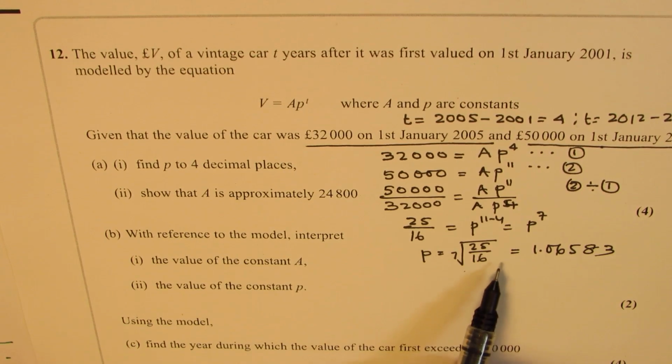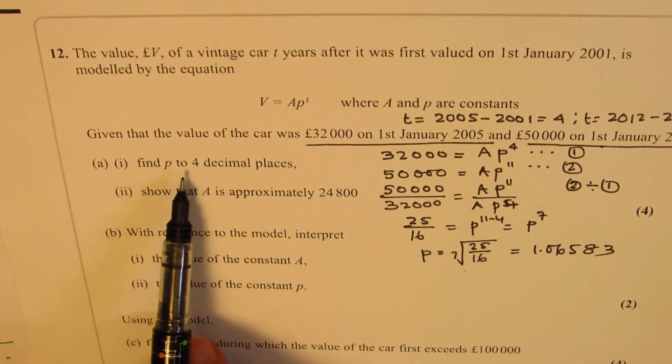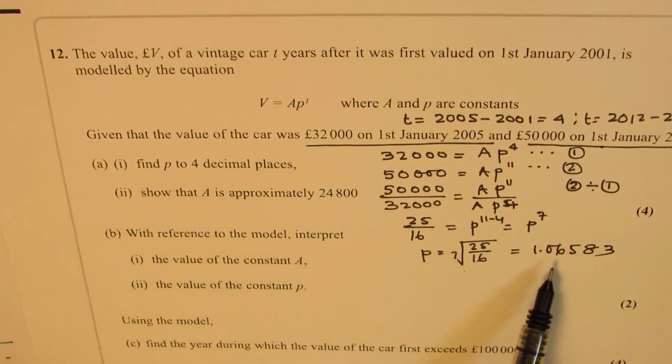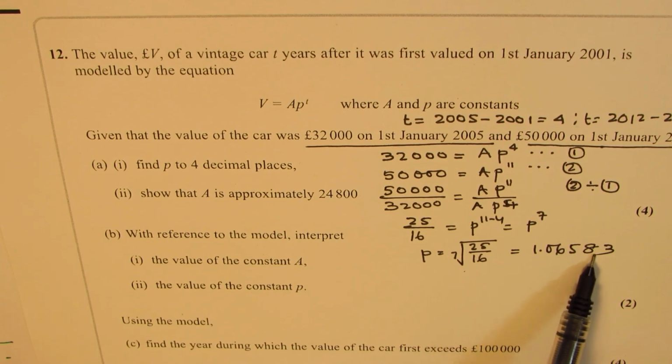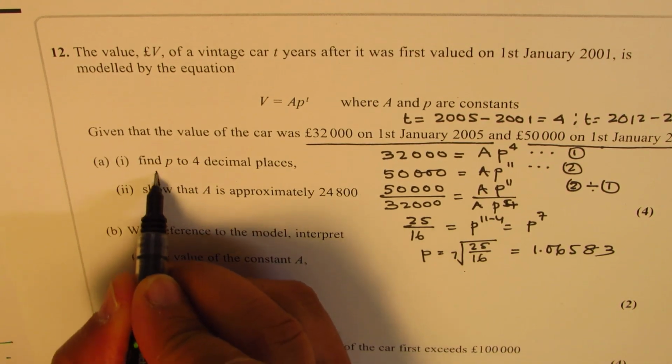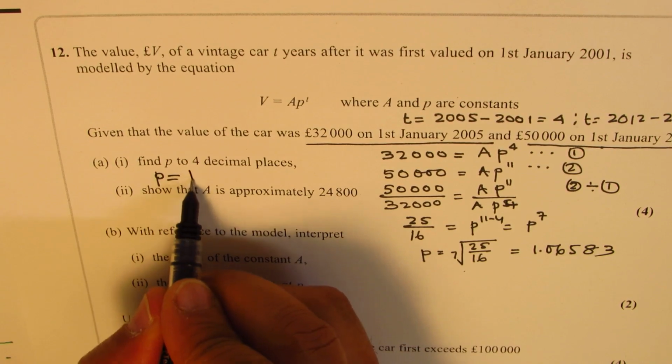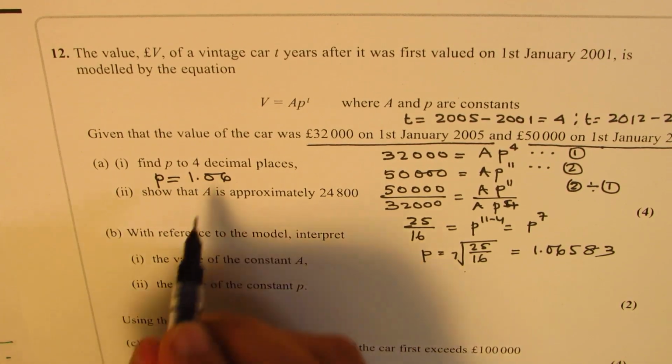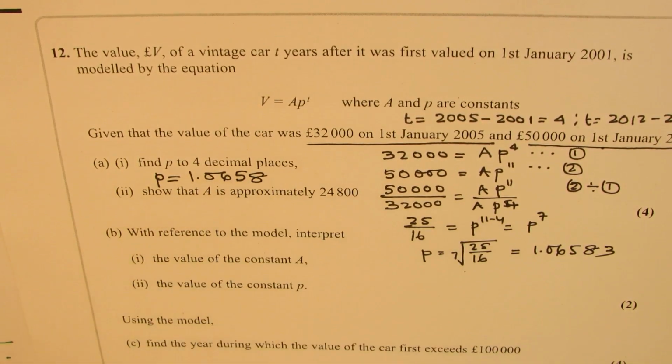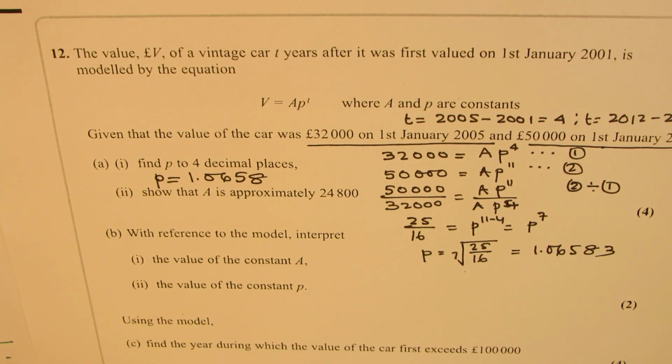Now find P to 4 decimal places. So the value of P will be equal to 1.0658.